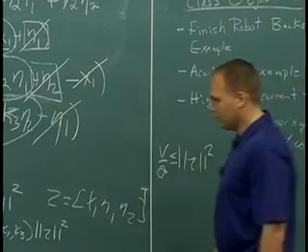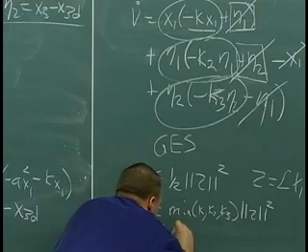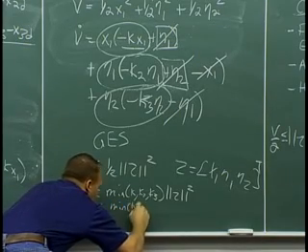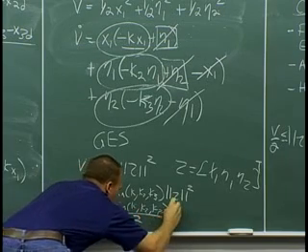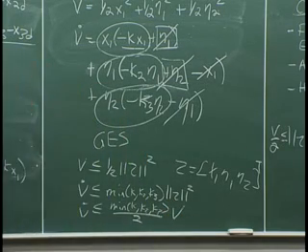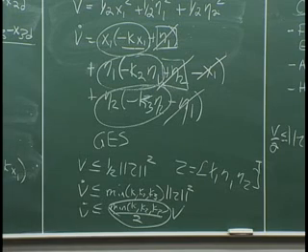And so we put v over 2, and so we get v dot is less than or equal to the min of k, k2, k3 over 2 times v. So there's my exponential, and my rate of decay is given by the minimum feedback gain.